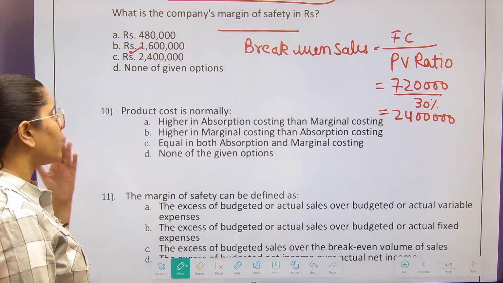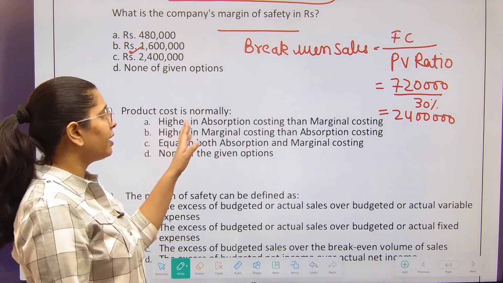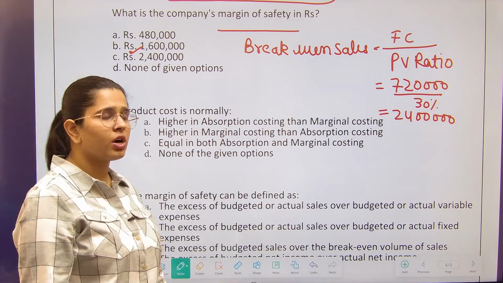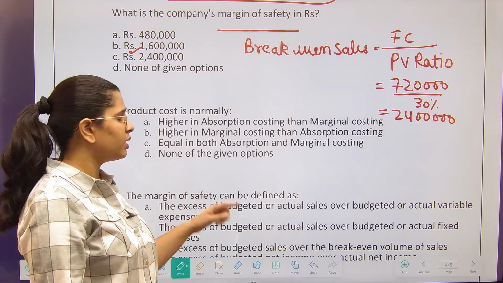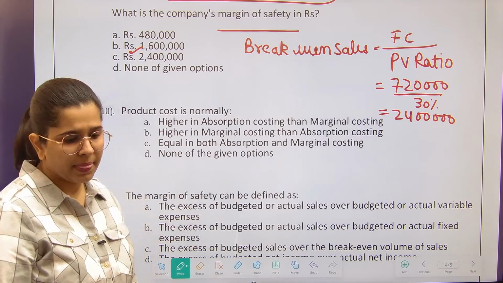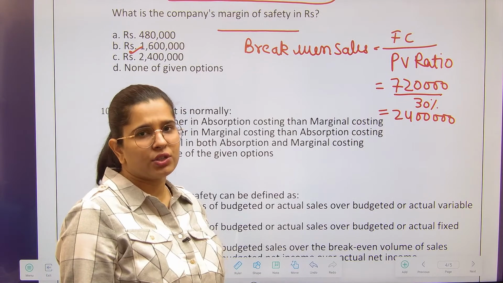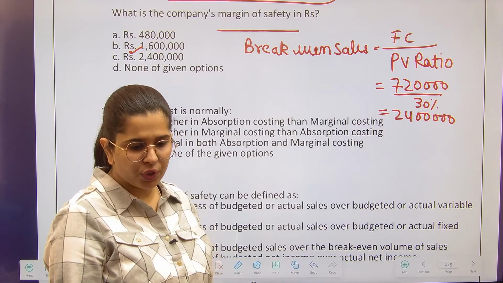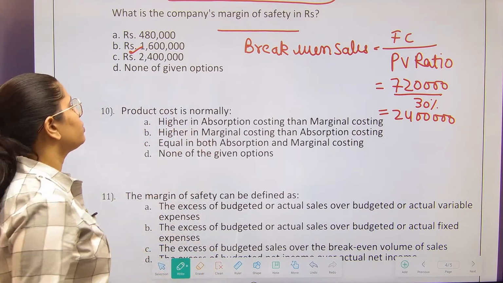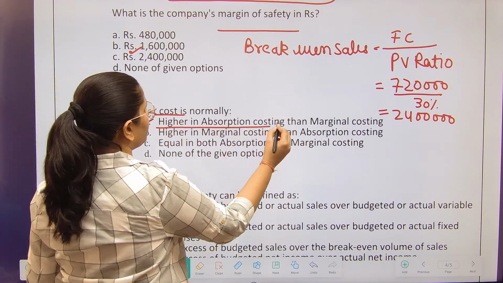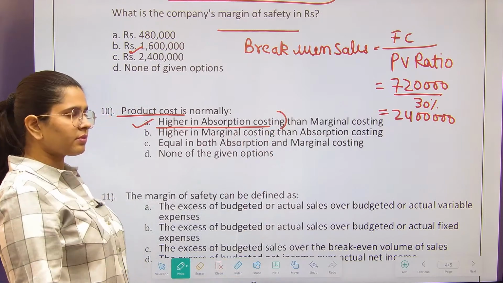Now next, product cost is normally higher in absorption costing, higher in marginal costing, equal in both, none of the given options. If you have seen absorption costing and marginal costing principles, then you would know that out of these two, product cost is normally higher in absorption costing. Why?